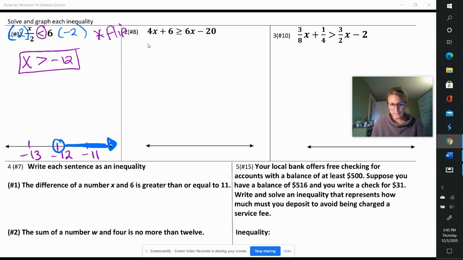So to move 6x to the left, right now it's positive, so we have to subtract it from both sides. Next up, we want to move that +6 to the right. Right now we're adding it, so to move it, we need to subtract it.